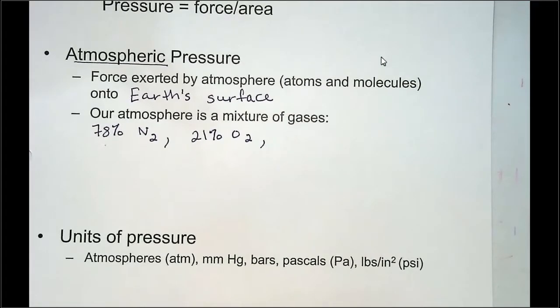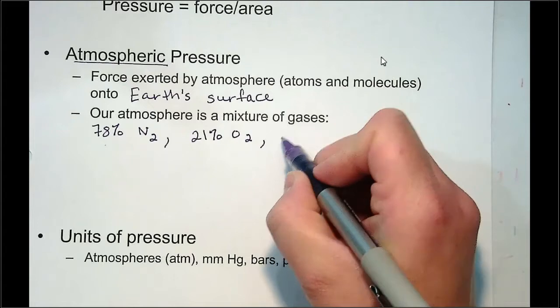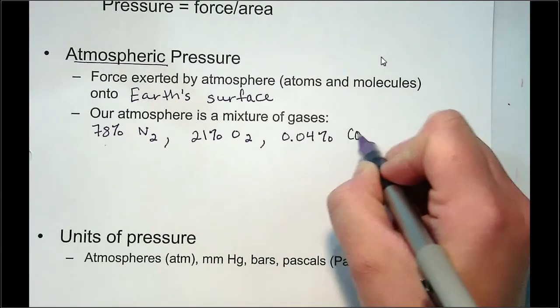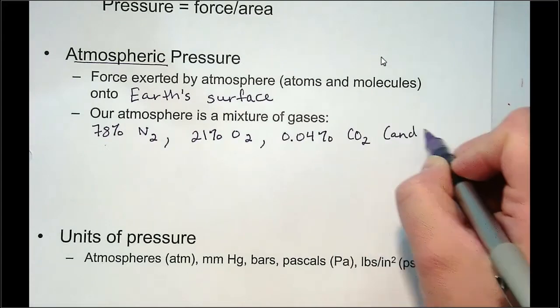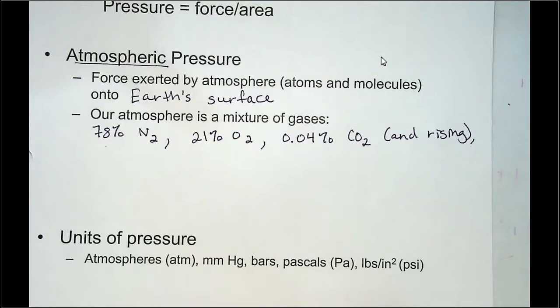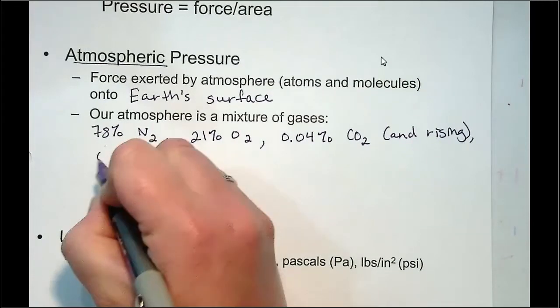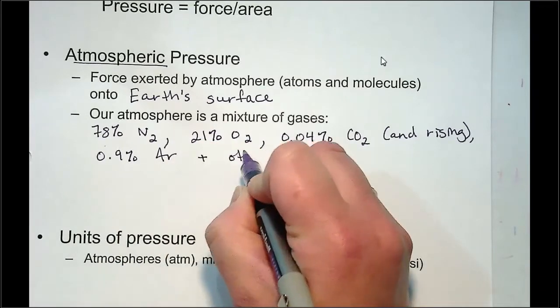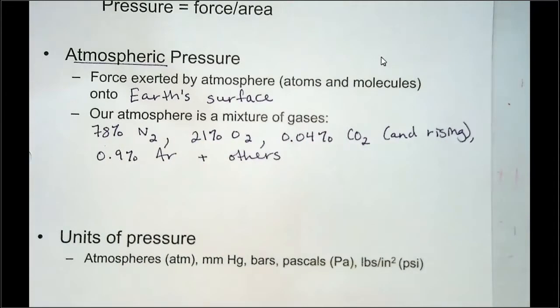You're doing an assignment on that, so hopefully you know that carbon dioxide is a thing. Currently 0.04% CO2 and rising. Anything else? Weirdly, argon. So 0.9% argon, and others. But the most prevalent ones are nitrogen and oxygen.